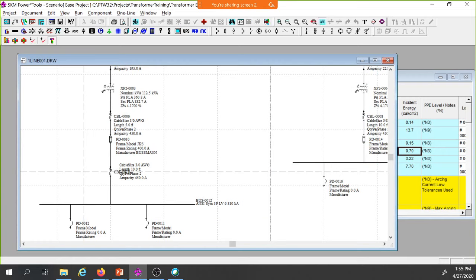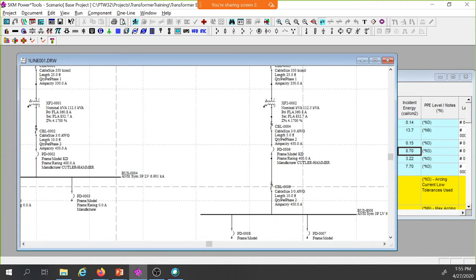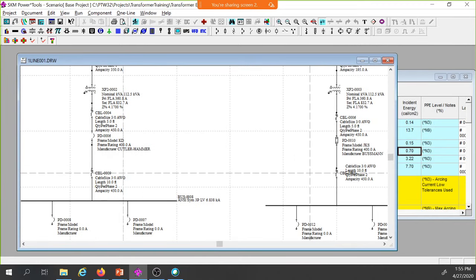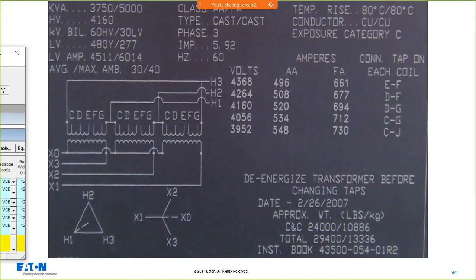So, a simple design decision of putting, say, a fusible disconnect switch or a breaker in a box, just like we did here. I put the breaker in a box. I put the fusible disconnect switch feeding a main lug only panel board. I simply relocated the main from the panel board to a separate enclosure, or buy a transformer with everything built in, and that will considerably reduce your incident energy at that panel board, creating a safer installation, less damage should an event occur to the facility or to that equipment.